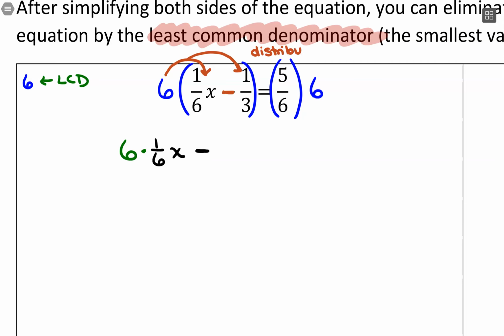It's that if something's multiplying across addition or subtraction, you distribute that piece across the addition and subtraction. But really, you can skip this step if you just keep in mind that everything gets multiplied by that least common denominator. So this will leave me with 6 times that 1/3. And then we have our equal sign, and then we're going to have 6 times that 5/6.